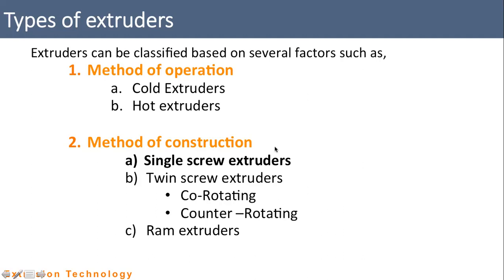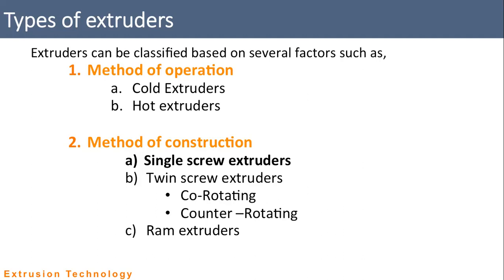And for method of construction, we can divide it into three categories: single screw extruders, twin screw extruders, and ram extruders. Again, we can divide twin screw extruders into two categories: co-rotating and counter-rotating. If we have one screw, we call it a single screw extruder.